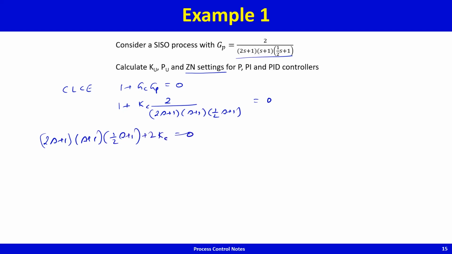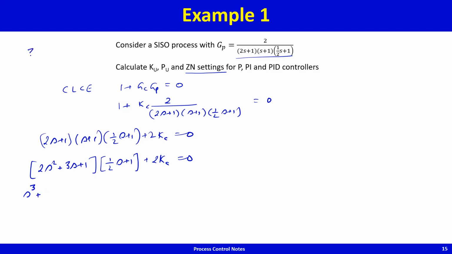And now you've got to open this thing, so this is going to be (2s square plus 3s plus 1) times (half s plus 1) plus 2Kc is equal to 0, and this is going to be 2s square into half of s, that's s cube, plus 3 by 2 s square plus 2s square.